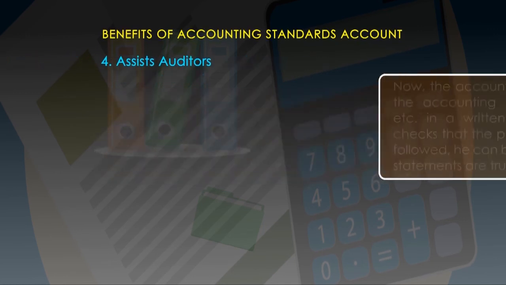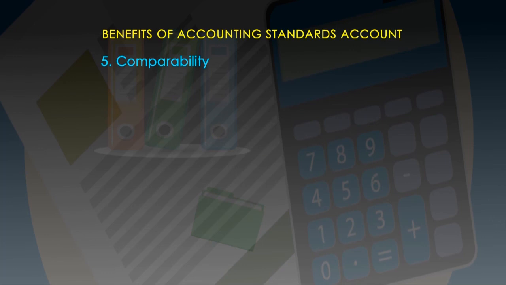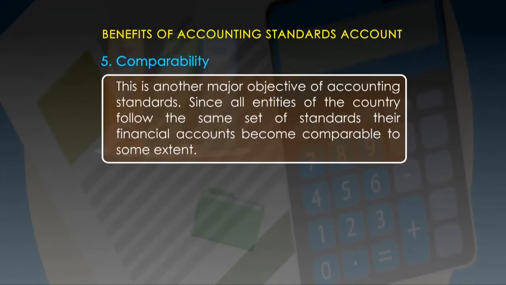Number four, assist auditors. Now the accounting standards lay down all the accounting policies, rules, regulations, etc. in a written format. So, if an auditor checks that the policies have been correctly followed, he can be assured that the financial statements are true and fair. Number five, comparability. This is another major objective of accounting standards.